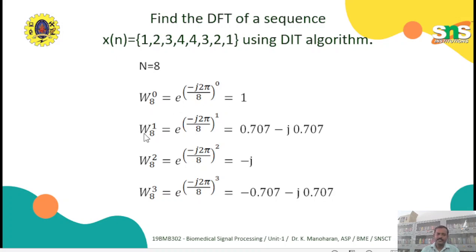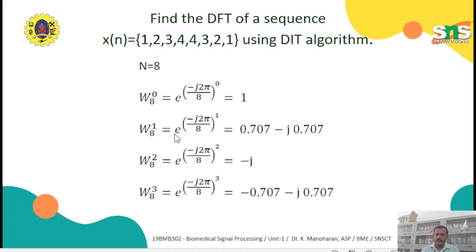Now we find W8^1. W8^1 is e power minus j 2 pi by 8 into 1. Anything into 1 gives the same value, so e power minus j 2 pi by 8. If you cancel 2 and 8, we get e power minus j pi by 4.